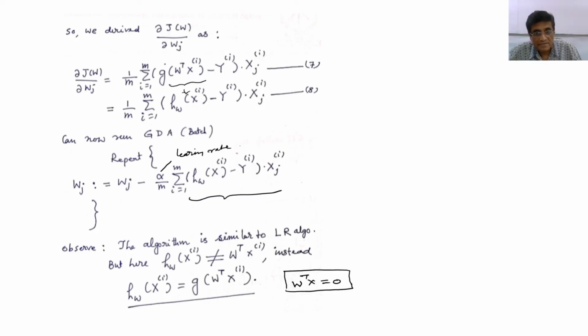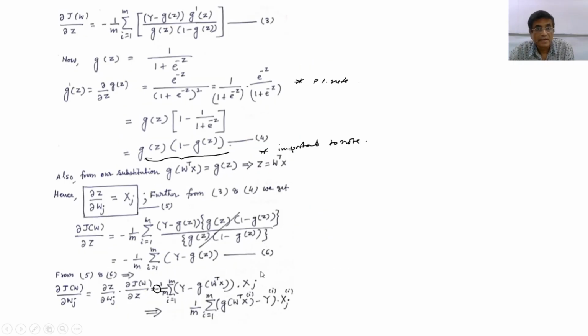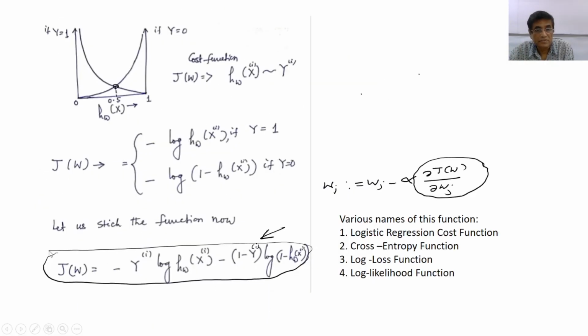In the next class, we will also show that this is the function which we got. Is there a purely statistical interpretation of logistic regression? We will try to answer that question in the next class, just like we did for linear regression.